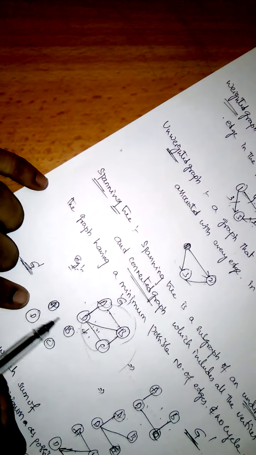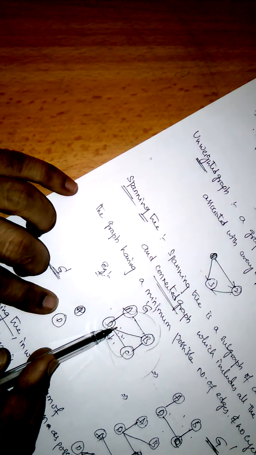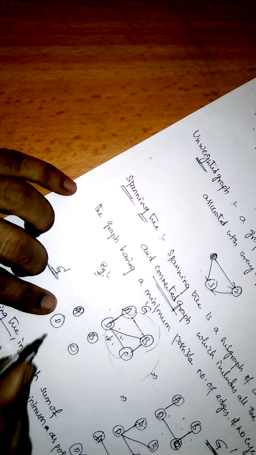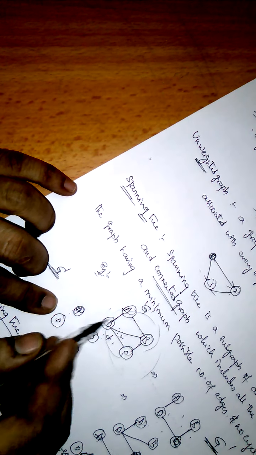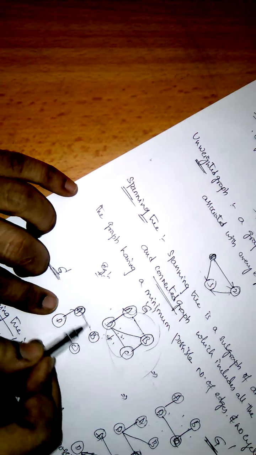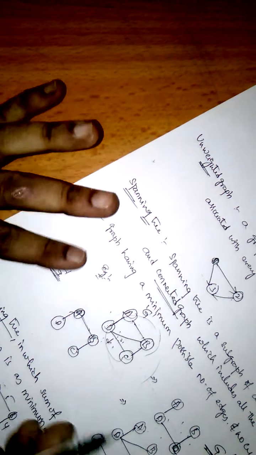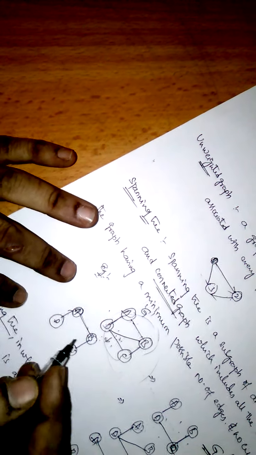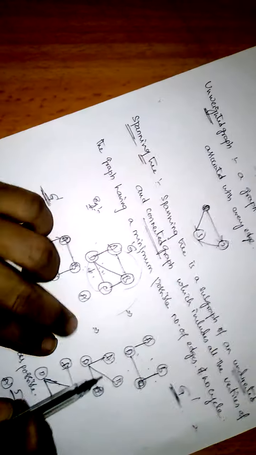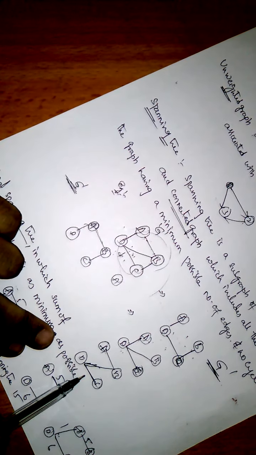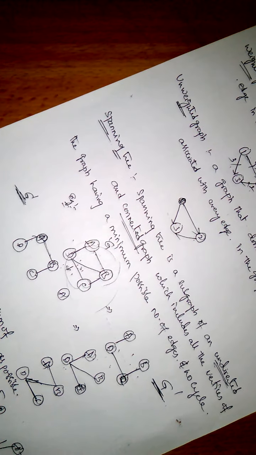The minimal spanning tree G dash considers all the vertices of G and the possible number of edges. Now there is an edge between A and D, A to B, B to C, and no cycle. So this is called a minimal spanning tree. I can also draw a minimal spanning tree for this graph G like this. This is called a minimal spanning tree.